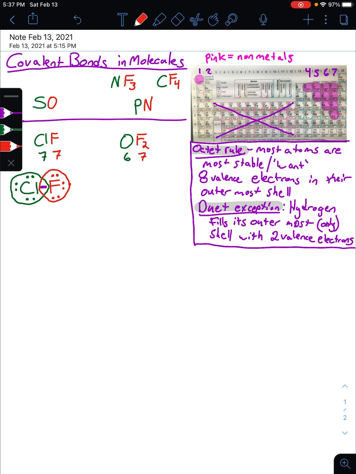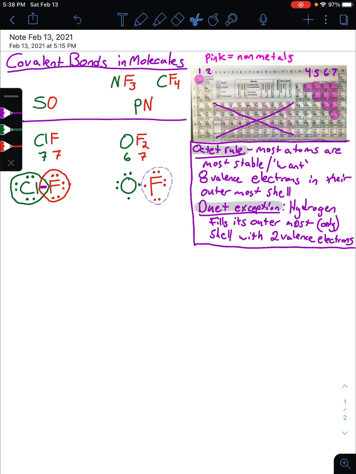But I do have 2 fluorines now, so 2 of them that have 7 valence electrons. I'm going to draw the one that has less valence electrons first. And then I'm going to position my fluorines around it so that they could interact with one of the unpaired valence electrons around oxygen.